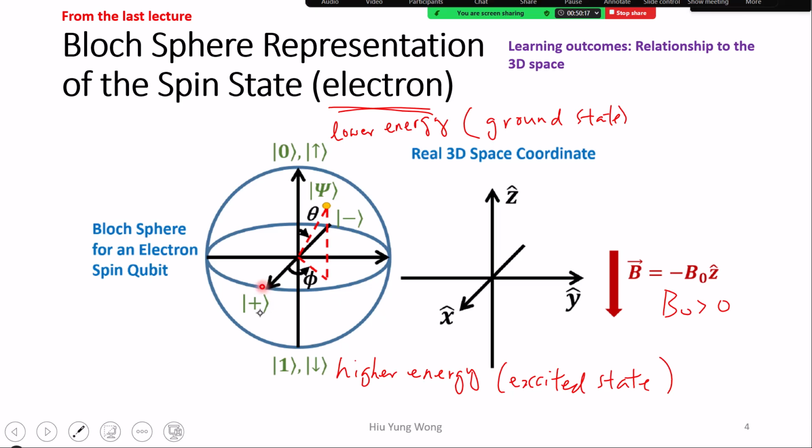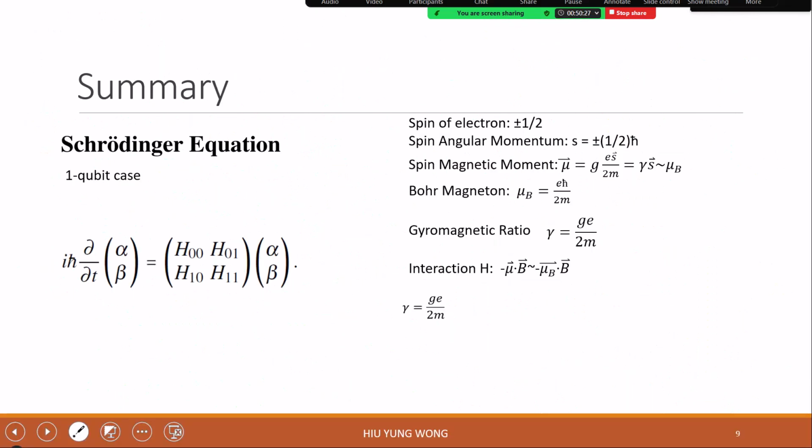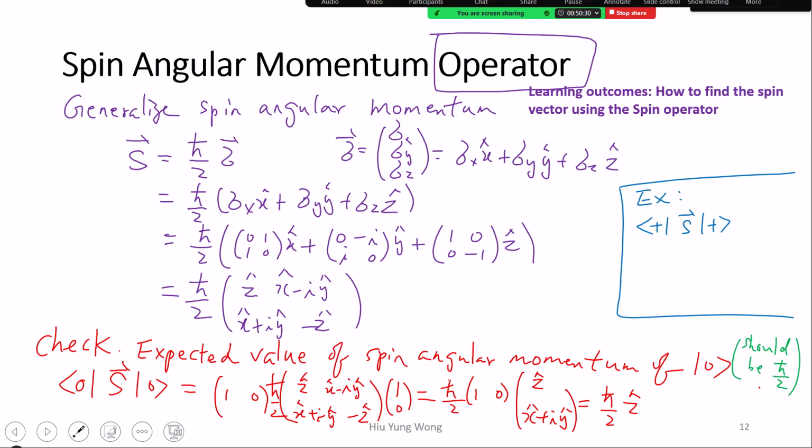It basically says it's pointing in the x direction. The spin is pointing in that direction. So it is equal to h bar over 2 x hat. Okay. Try to prove that this equals h bar over 2 x hat.